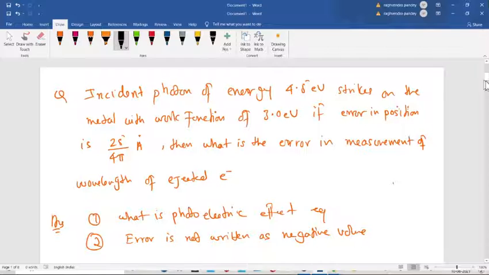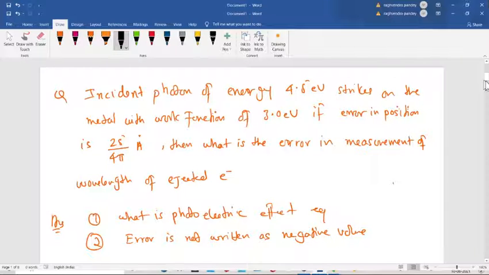The proton is traveling with velocity of, let's say, 10 to the power 5 meter per second.